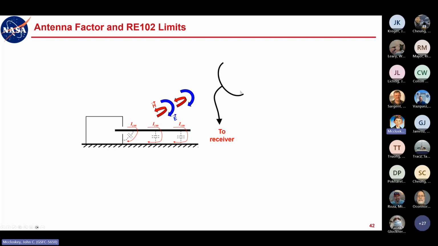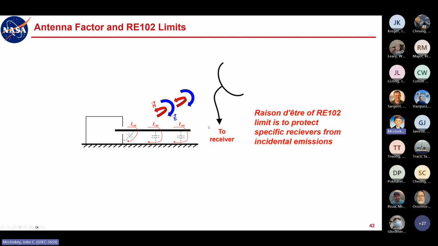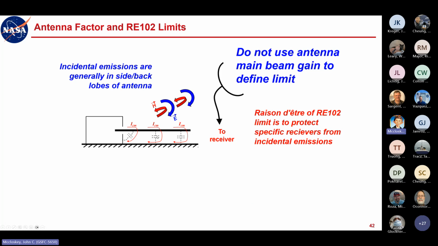You shouldn't be pointing the main beam of your antenna back to the spacecraft, right? The whole raison d'être of RE102 is to protect specific receivers from incidental emissions, and those are generally, and should always be, in the side or back lobes. So do not use the antenna main beam gain to define the limit. Have I mentioned that? Yeah.